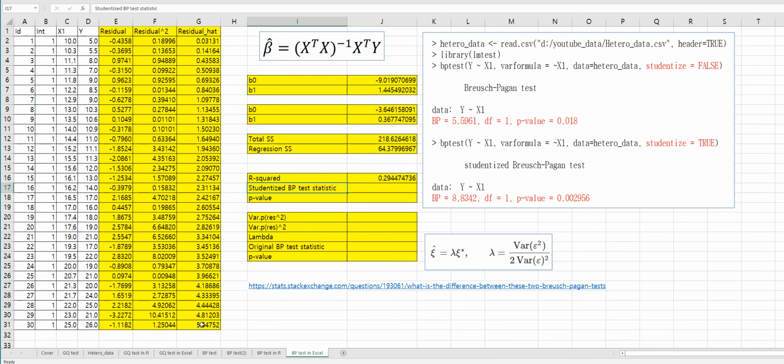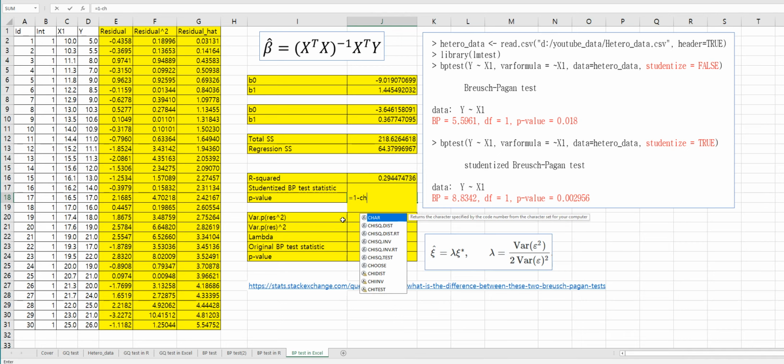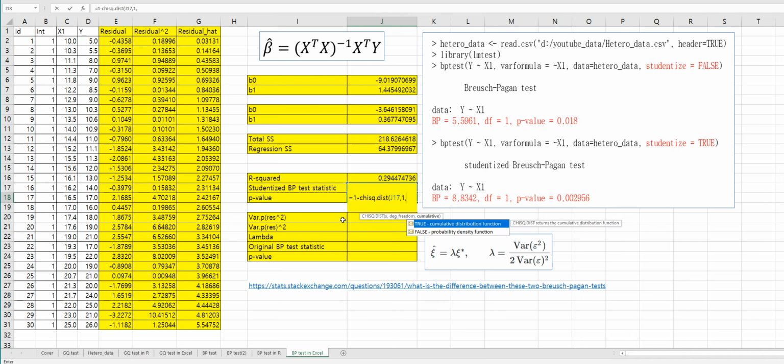Okay. And studentized BP test statistic can be calculated by R squared multiplied by number of observations, and this is same as this one, and p-value can be calculated by 1 minus chi-square distribution with studentized BP test statistic, comma, degrees of freedom as 1 because there are two parameter coefficients, so 2 minus 1 equals 1, and true.